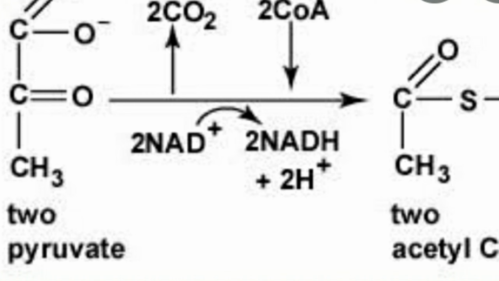Also, 2 NADH, high energy rich compounds, are generated from 2 NAD plus. Finally, by the end of pyruvate oxidation, 2 NADH molecules are generated.